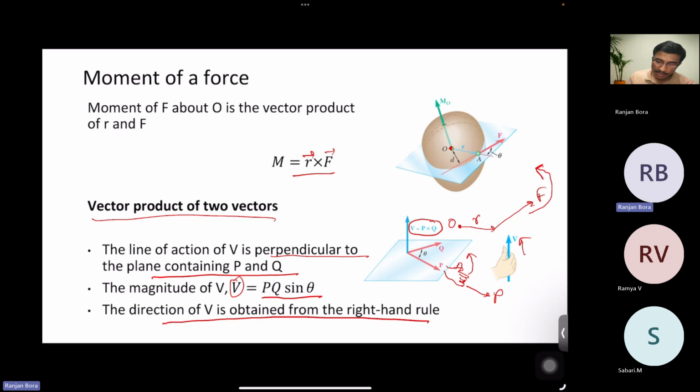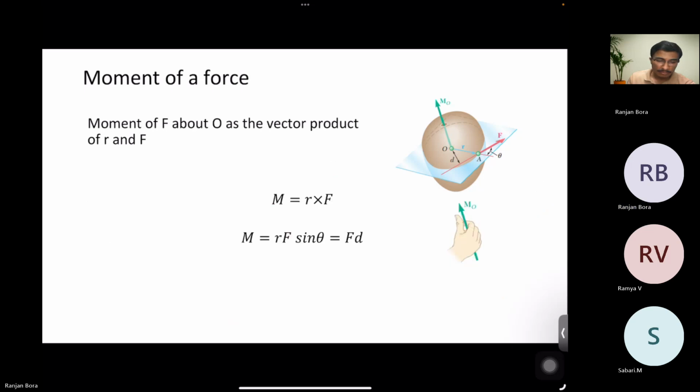The thumb is pointing upward. So the direction of moment V is upward. This is how we find the direction of a moment.